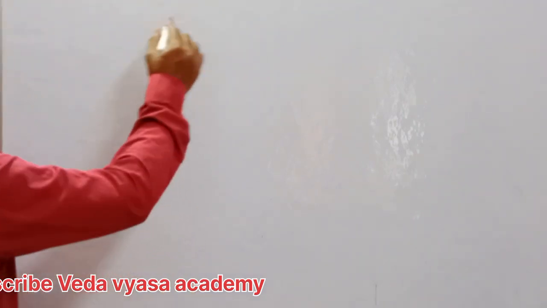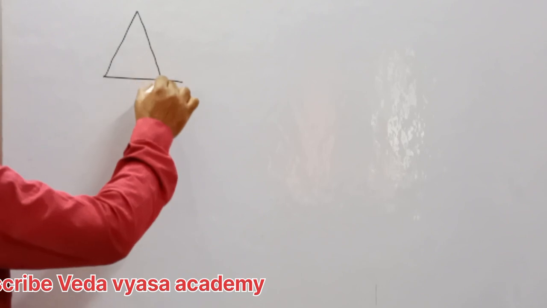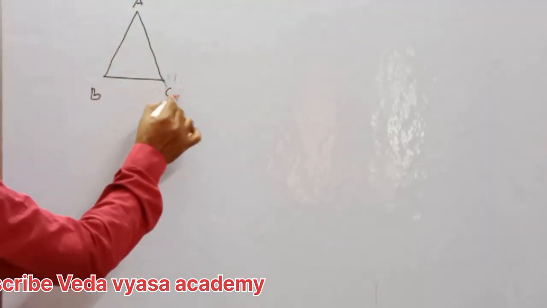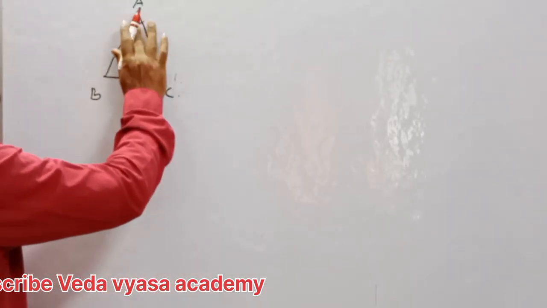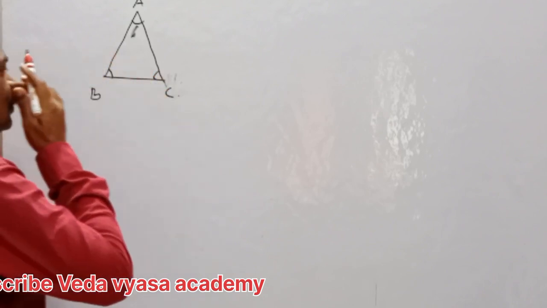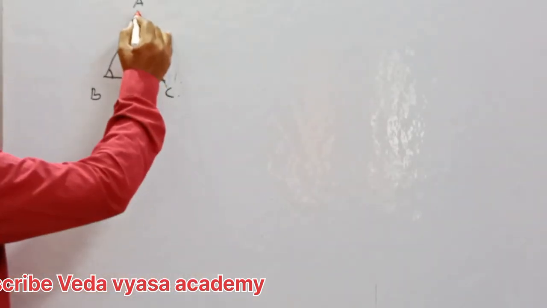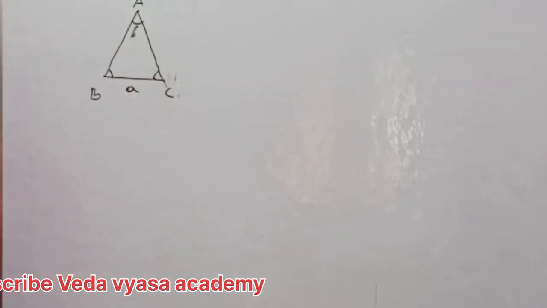You see, all of you, here this is the triangle ABC. This is A, B, C. This is angle A, this is angle B, and this is angle C. This is vertex A. Opposite to vertex A, the side is a.